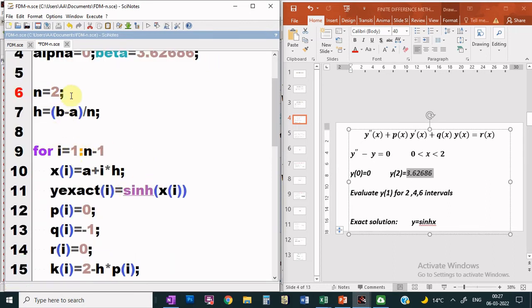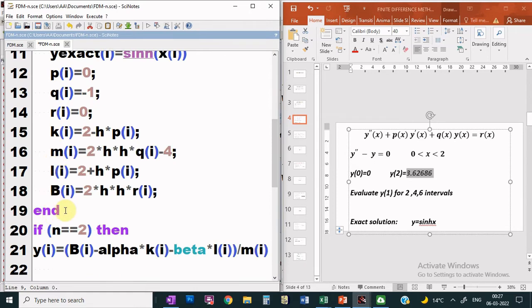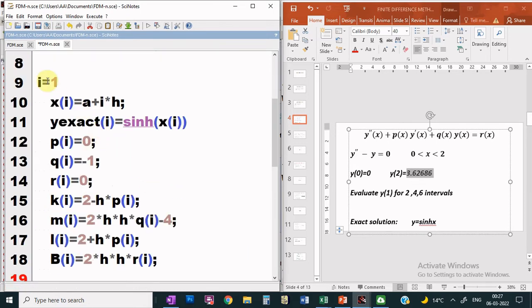Now since we have only two intervals, there will be only one grid point. So we have to do the calculations only when i is equal to 1. So let me change this over here. This was the general program which we have made. Now i is equal to 1 because there is only one grid point, and for one grid point we have to compute the x coordinate, which was a plus h.